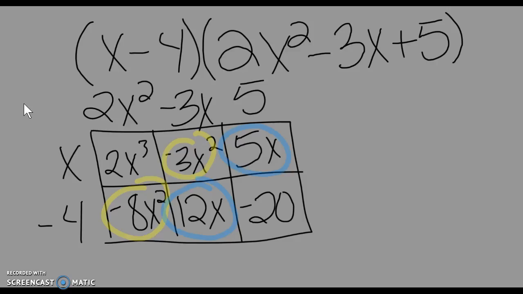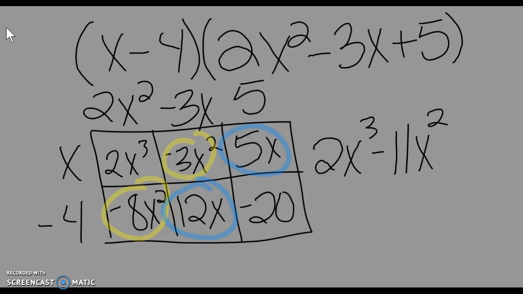So make sure you find your like terms, and then when you write your answer out, I'm going to start with 2x to the third, negative 8x squared and negative 3x squared makes negative 11x squared. 12x and 5x makes 17x, and then minus 20. And that's our answer.